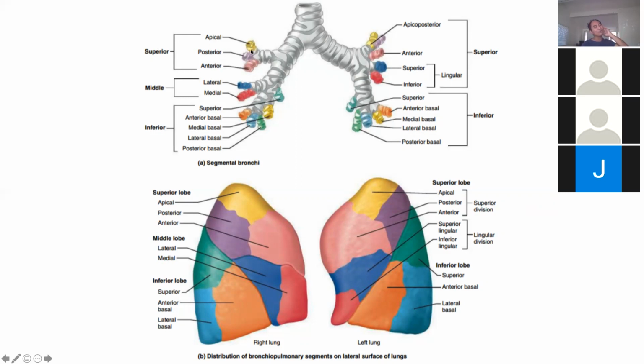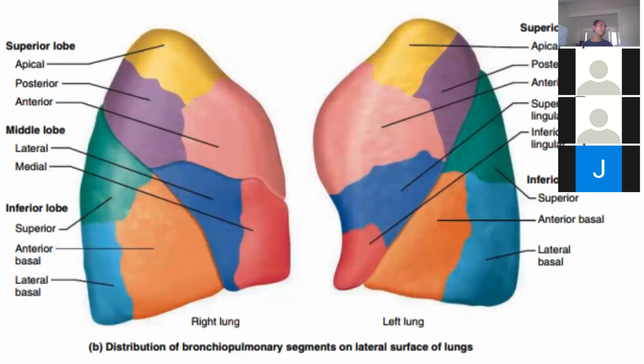We can remove only the particular apical portion or posterior portion, or maybe apical and posterior, and leave the anterior, because one segment and another segment are properly partitioned with connective tissue.